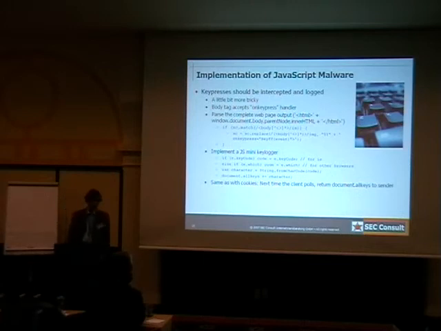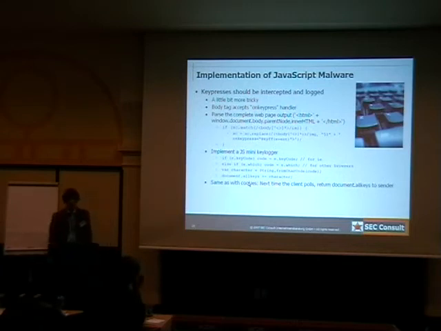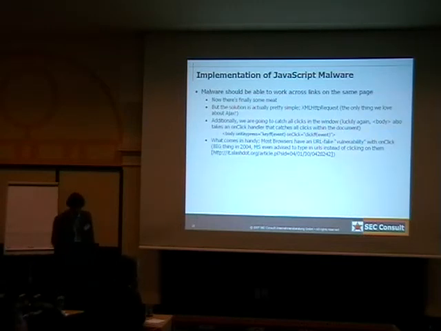Then we just reverse it by getting the character from the char code and append it to a global variable. We just call it document.allkeys, the character that has been pressed. Getting the key information is exactly the same as with cookies. Next time the client polls, we just have him return all keys to the server.